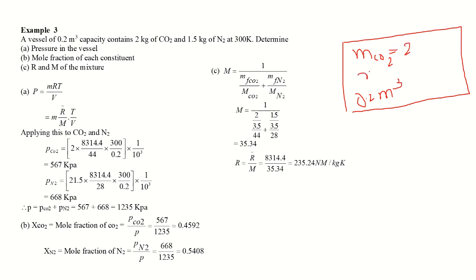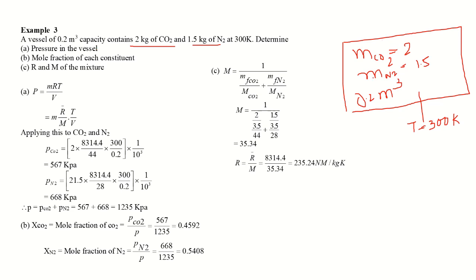Mass of nitrogen is equal to 1.5 kg. Okay, 2 kg of carbon dioxide, 1.5 kg nitrogen. The temperature T is 300 K. Determine the pressure in the vessel.